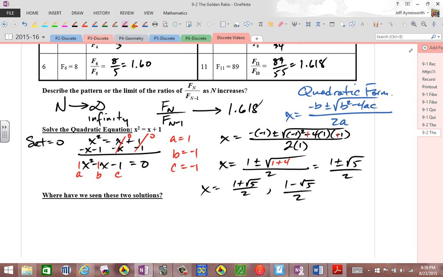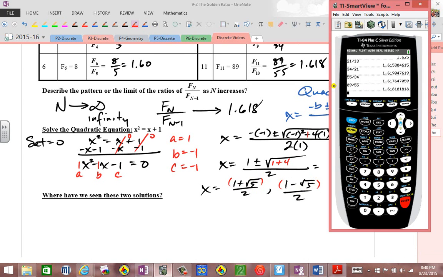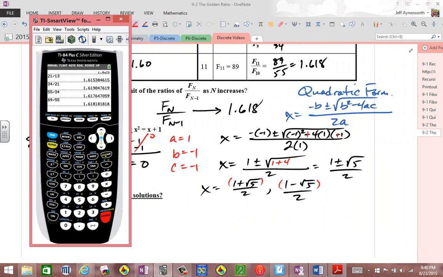Now, what are these values? Let's figure this out. Let's use your calculator here, and we're going to put parentheses around the numerator because we're going to take all of the numerator divided by 2, and check out their decimal equivalents. Let's clear it out so we can start fresh.